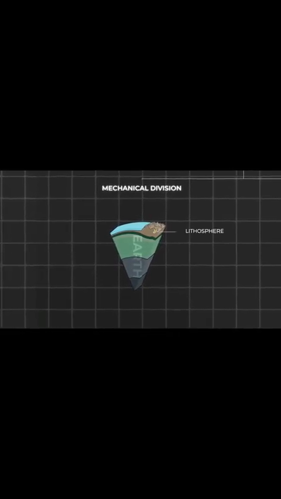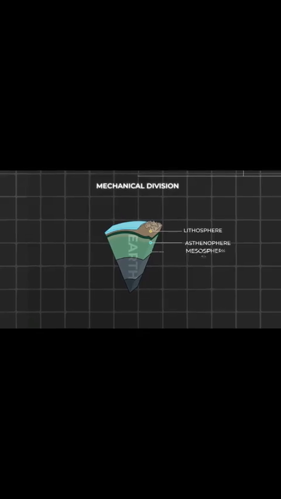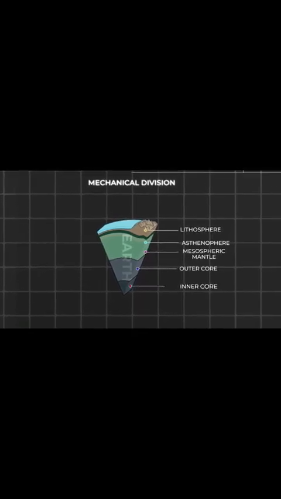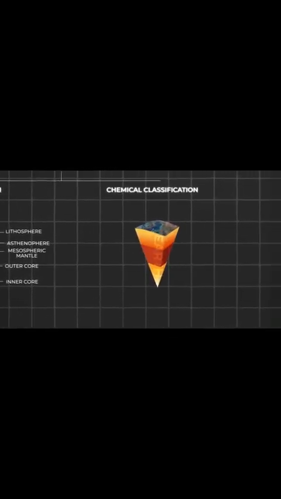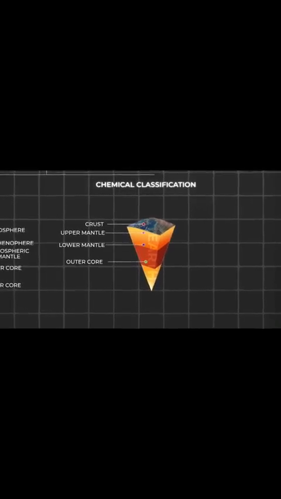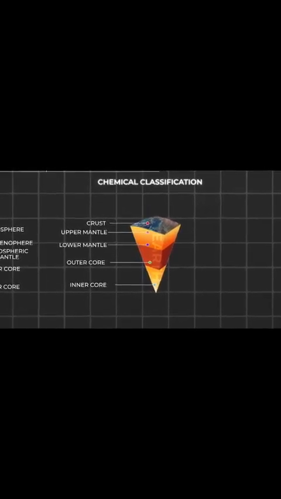In mechanical division we can see lithosphere, asthenosphere, mesosphere, outer core and inner core. In chemical classification, the Earth interior is divided into crust, upper mantle, lower mantle, outer core and inner core.